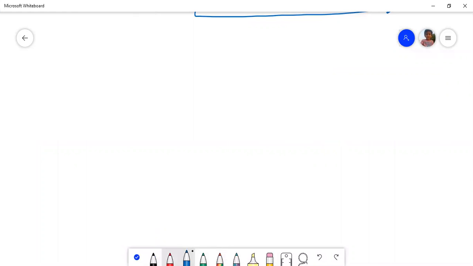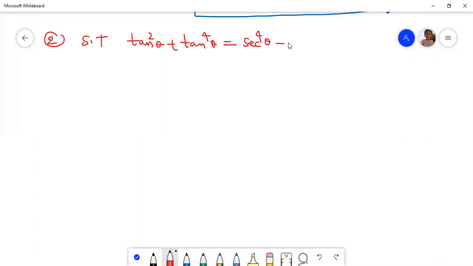Second one, show that tan square theta plus tan power 4 theta equal to secant power 4 theta minus secant square theta.